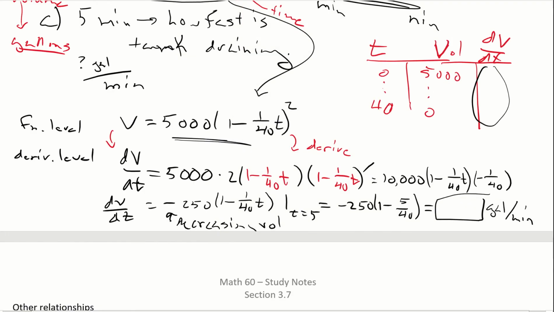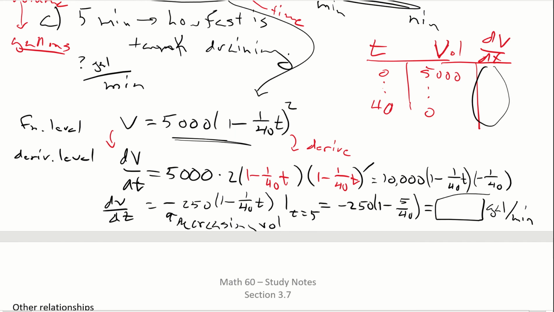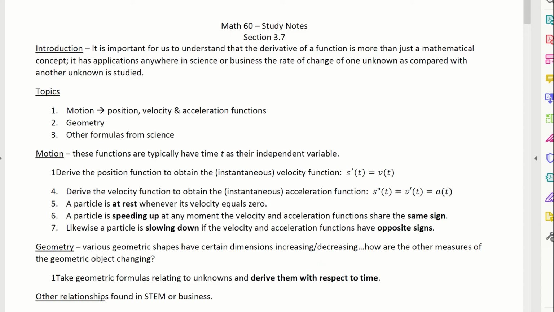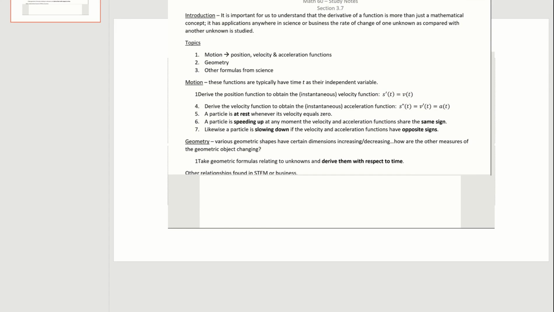I could just close the app and figure out how to stop it. This guy's in the way, that's the problem.